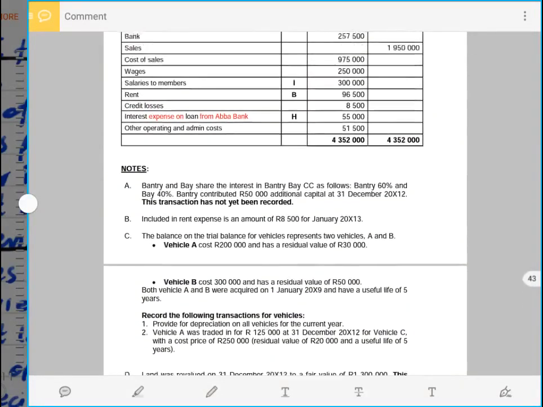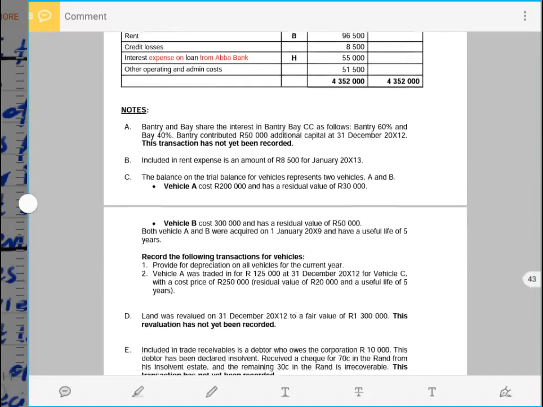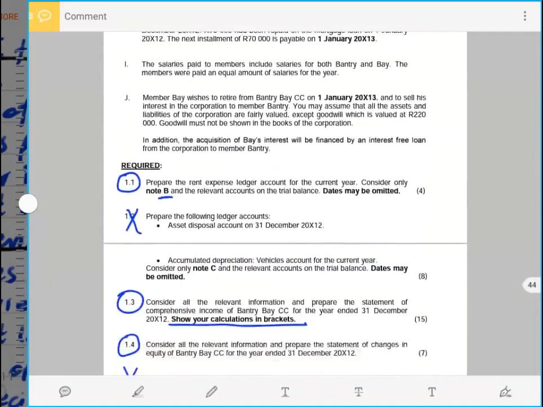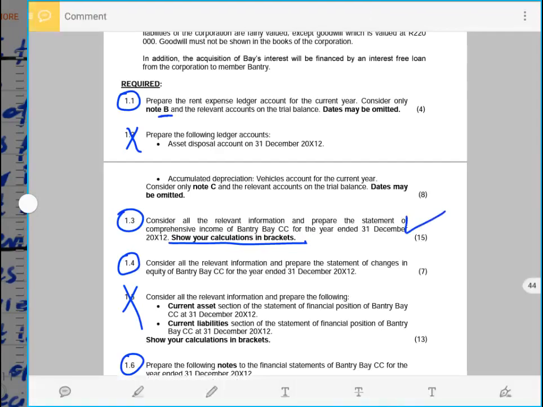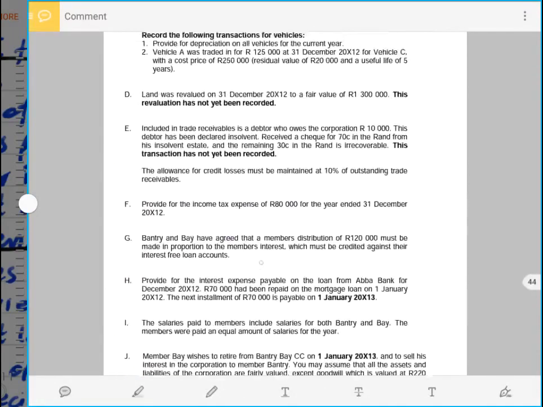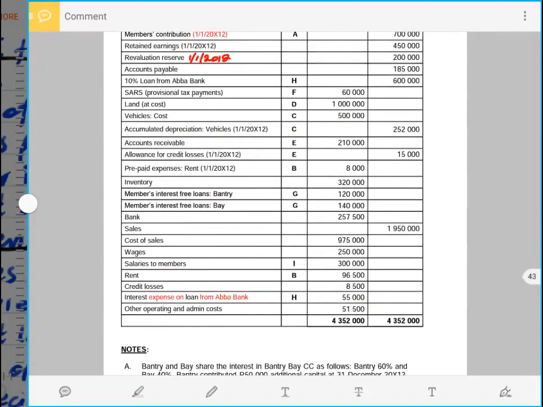So now, first thing, whenever as a student you know that you are required to do the income statement, the minute you know this is a requirement, the first thing that you must do is go to your trial balance and check for your incomes and your expenses that are already given.